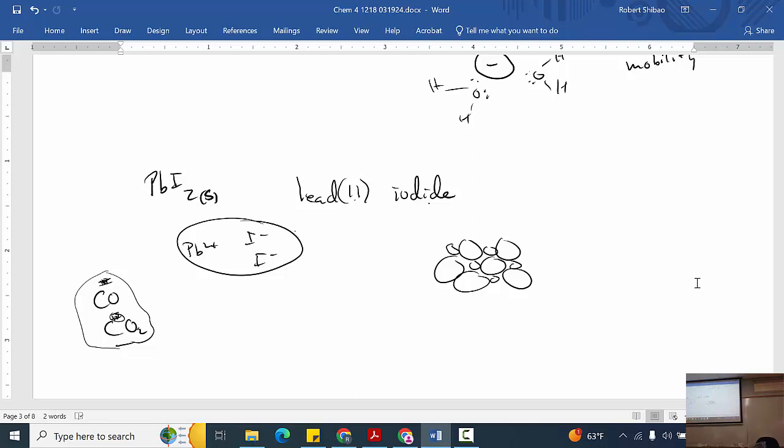Why? The charge is there. The lead ions are +2. The iodide ions are -1. And so we have charge. What are we missing?